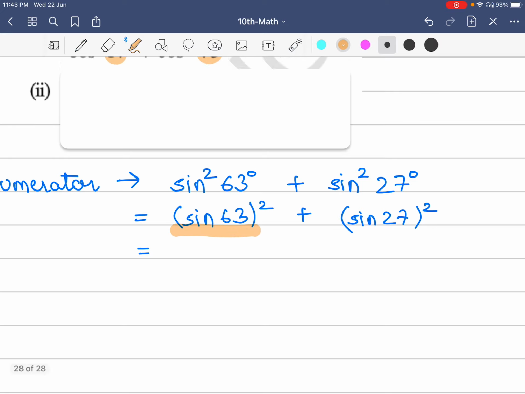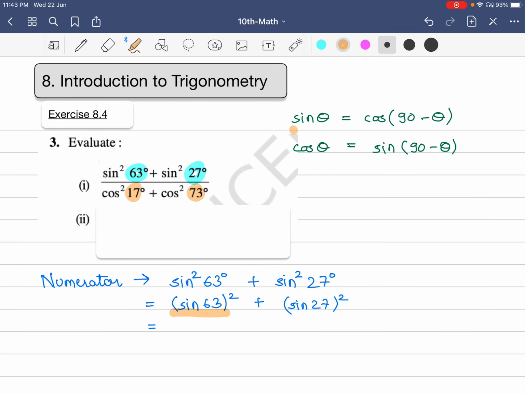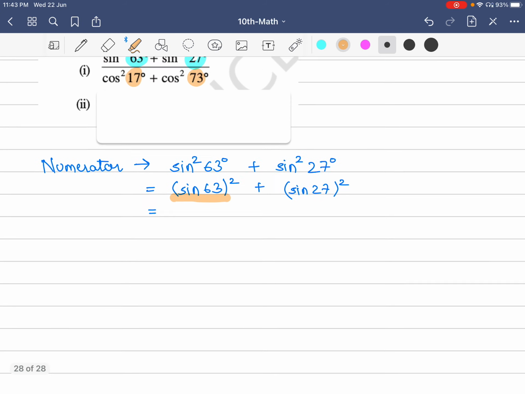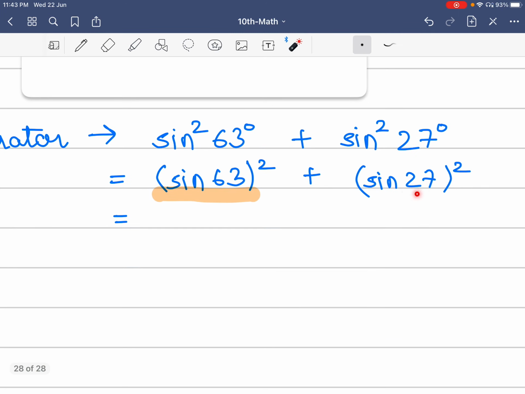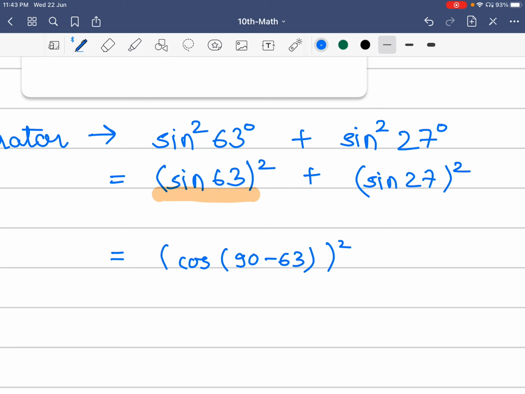Now this sine 63, I am going to use this complementary angle property. I am going to convert it into cos. Just this one single expression, not this one. So let me come below. That is equal to sine 63 can be written as cos of 90 minus 63.